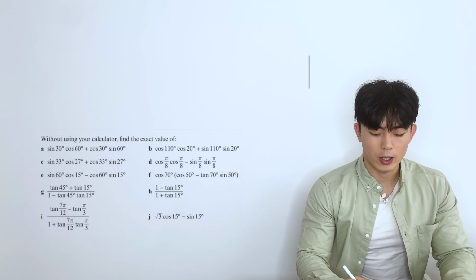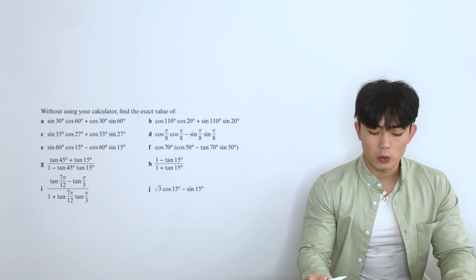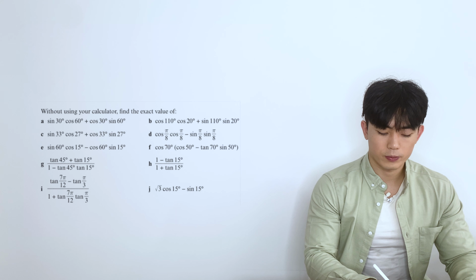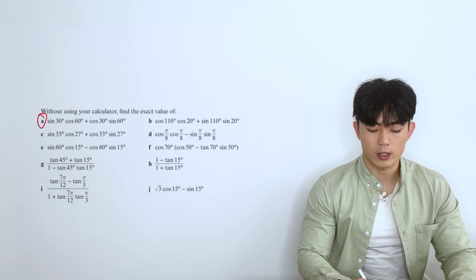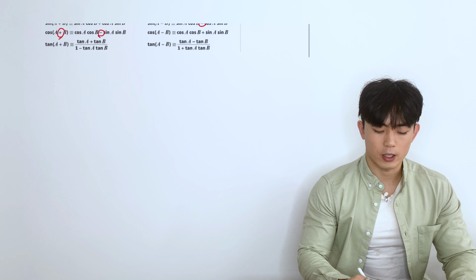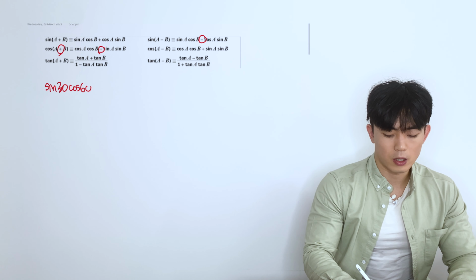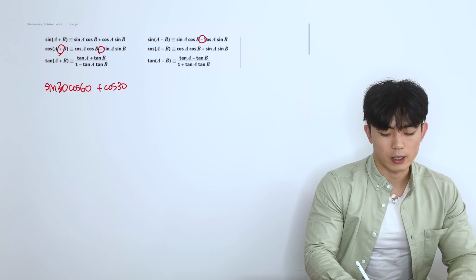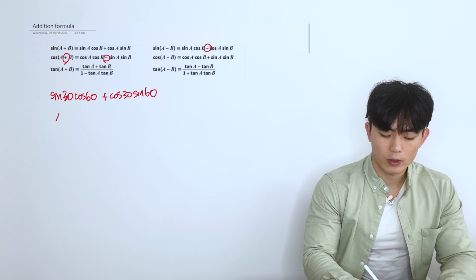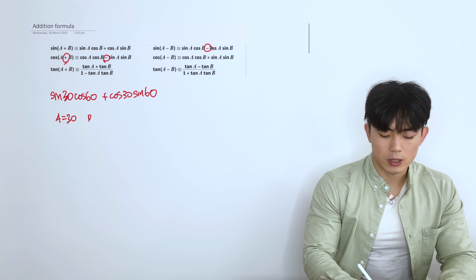So if you look at some of these questions here, maybe let's go for question A. Sine 30 cos 60 plus cos 30 sine 60. First things first, we need to identify what our A and B are. Well, A is equal to 30, and B is equal to 60.